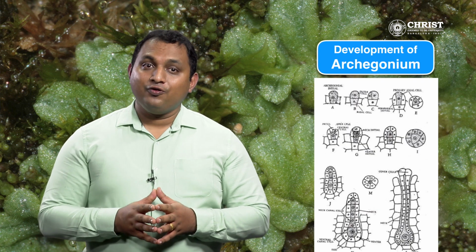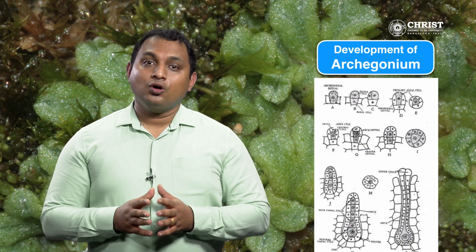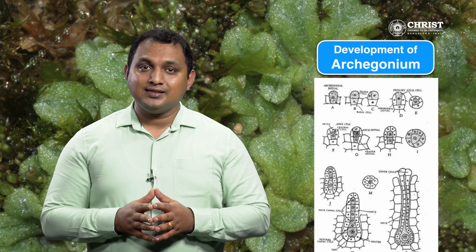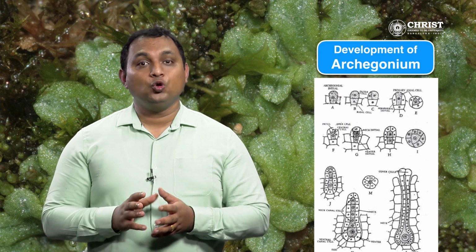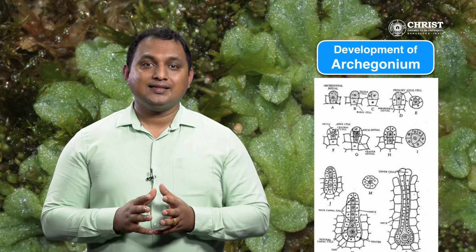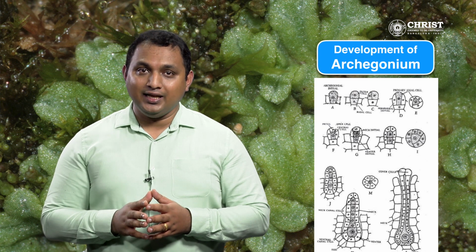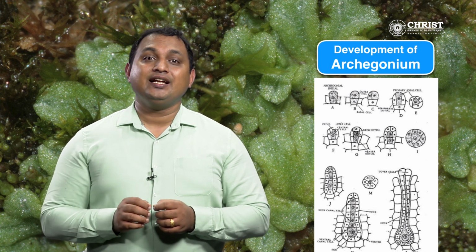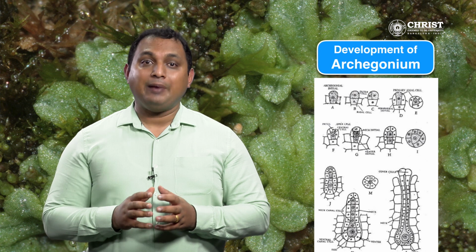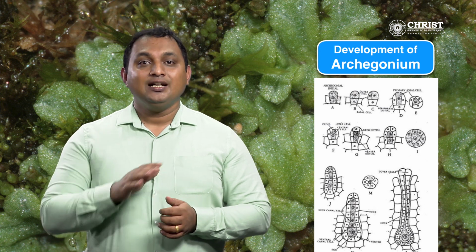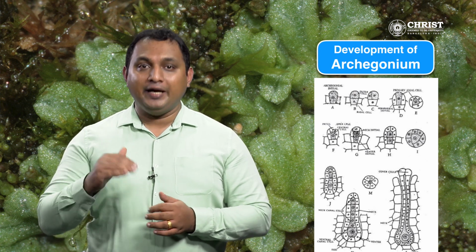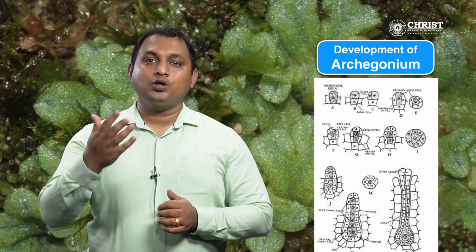The development of archegonium starts on the dorsal surface of the thallus from a single superficial cell which acts as an archegonial initial. This initial enlarges, becomes papillate, and first divides transversely into a basal cell and an outer cell.